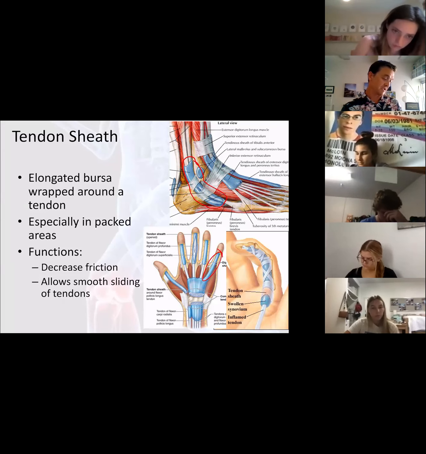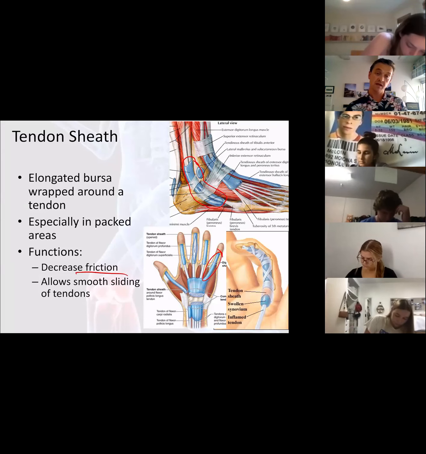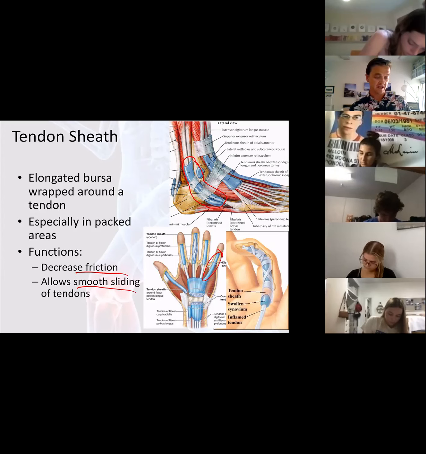The functions again would be to help decrease friction, and allow those tendons to slide smoothly around corners, around places that are tight, compacted. So it's very similar to those bursas, but it's wrapped around a tendon instead of just in a high friction spot.